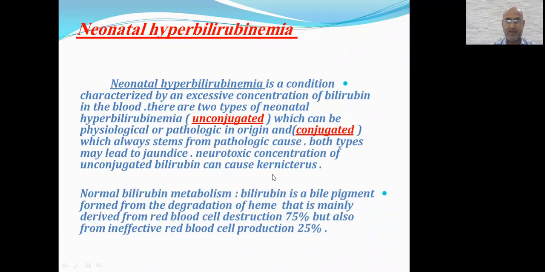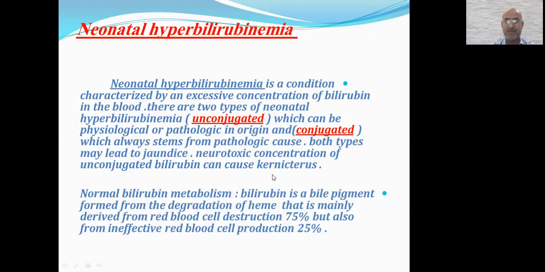This type is, of course, indirect bilirubin, which should be converted to direct bilirubin by the presence of glucuronidase transferase enzyme in the liver. So indirect bilirubin should be converted to direct or conjugated bilirubin to be excreted easily without any hazard. This is simply the pathway of bilirubin production.